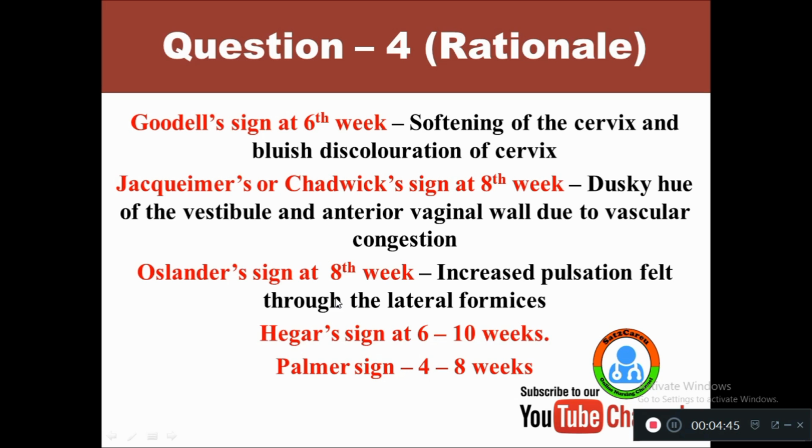Osiander's sign occurs at the 8th week, which is characterized by increased pulsation felt through the lateral fornices. Hegar's sign occurs at the 6th to 10th weeks, and Von Fernwald's sign occurs at 4 to 8 weeks.